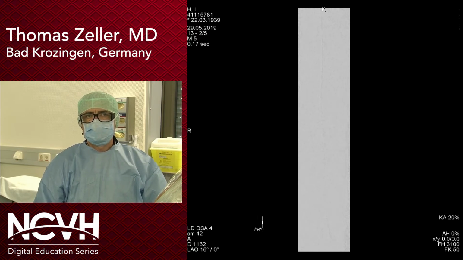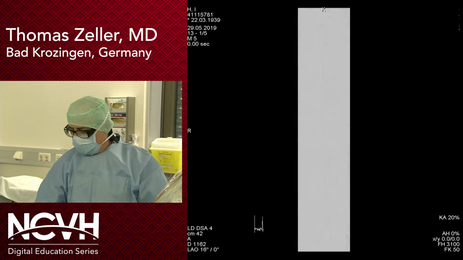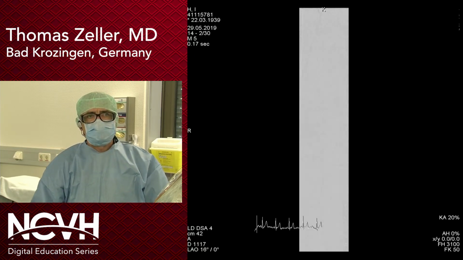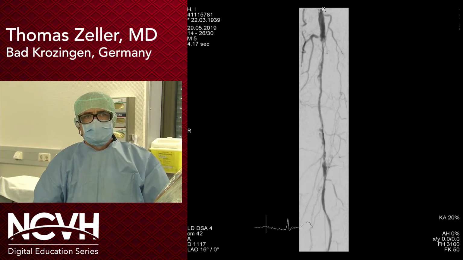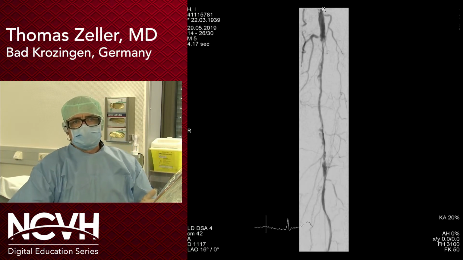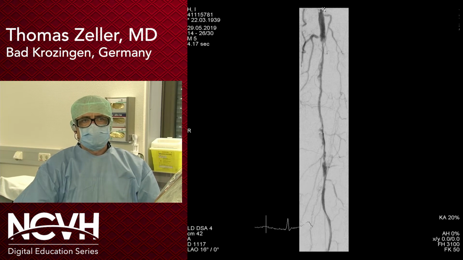I would have considered a retrograde access because the distal landing zone of the anterior tibial was nice. So this would have been my second choice. Here I was able to cross in true lumen, so there was no question to use a retrograde access.